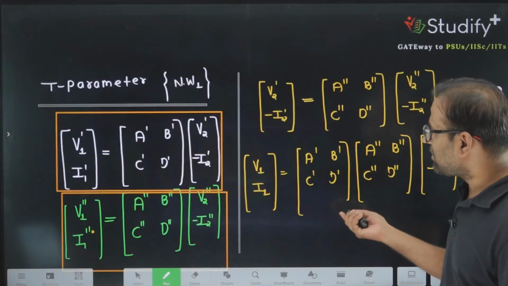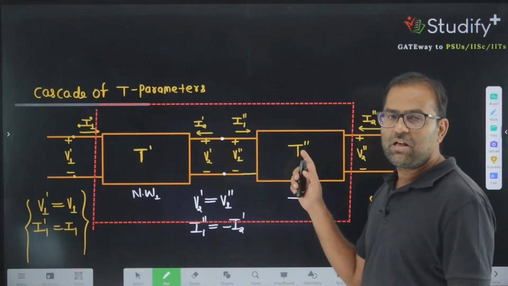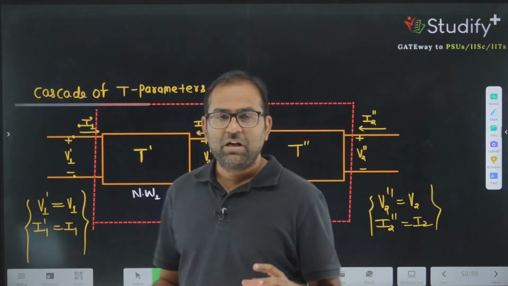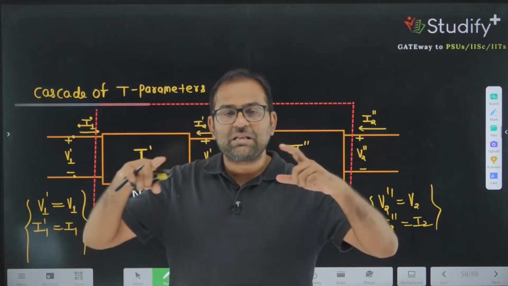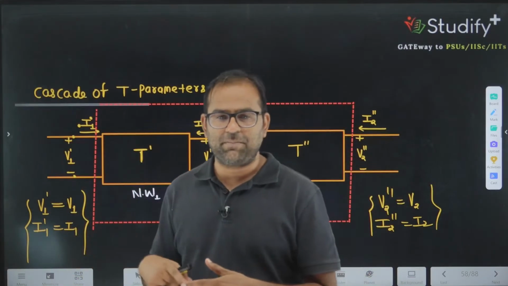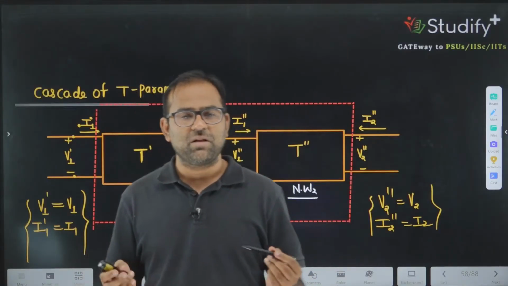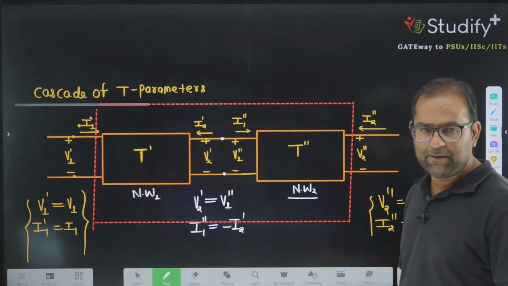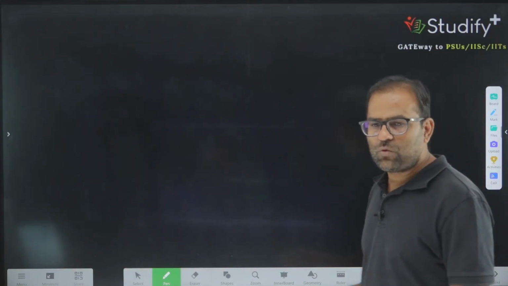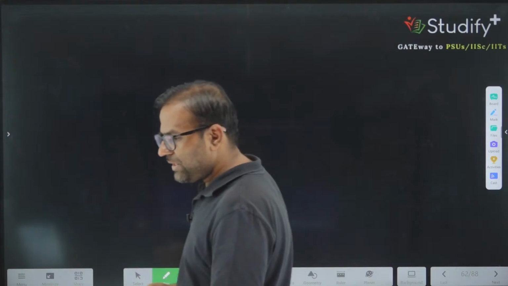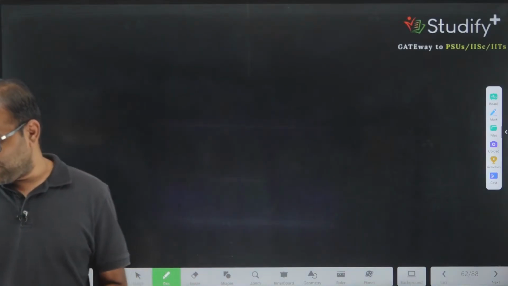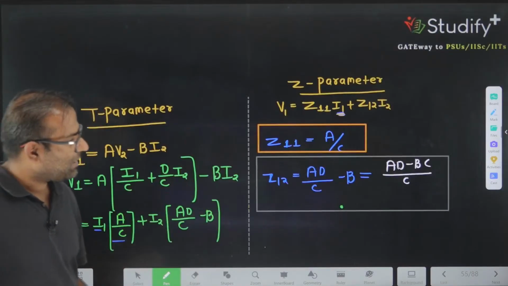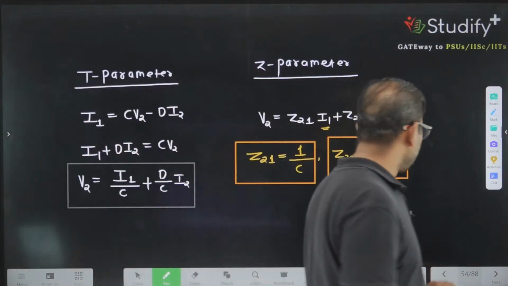So always remember, for all other parameters with connections, the resultant is the addition of the parameters. But in T parameters, we just multiply when they appear in cascade. So let's look at a few questions based on T parameters and how we can solve them. Let's go to the equation.